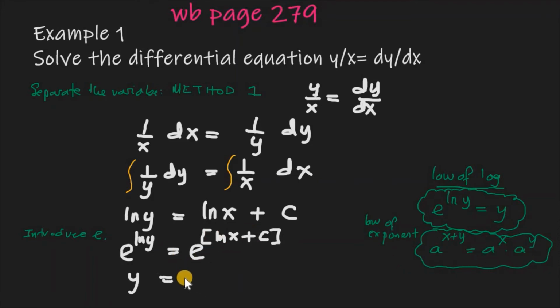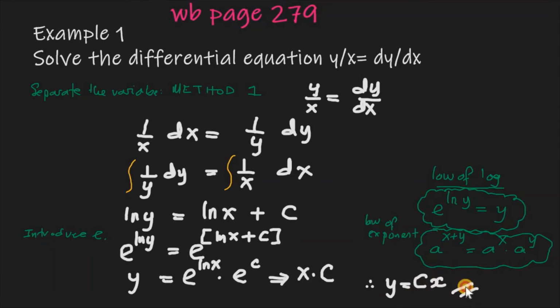So over here we have e power ln x multiplied by e power c. You do know that e power ln x is actually x, and e power c is a constant value. I'm going to call it c. So hence y is cx. So that is our final answer on how we solve this differential equation.